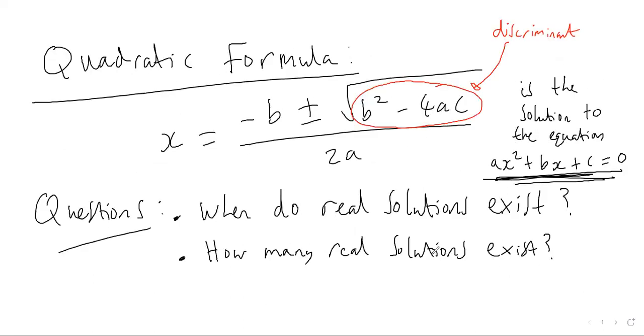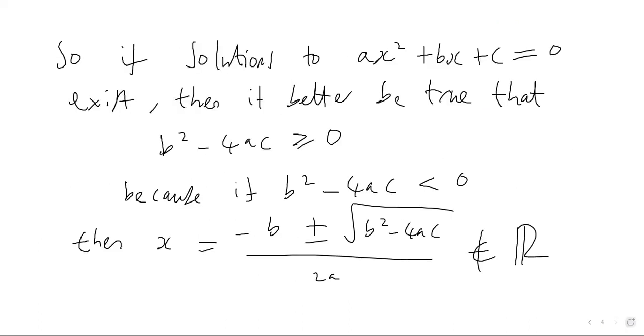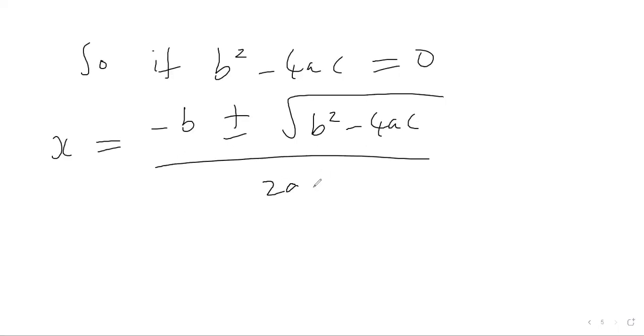Okay, so if we go back to the second question that I mentioned, how many real solutions exist? That depends on the value of b squared minus 4ac. If b squared minus 4ac is equal to 0, then what happens? We get a solution x equals minus b plus or minus the square root of b squared minus 4ac, all divided by 2a.